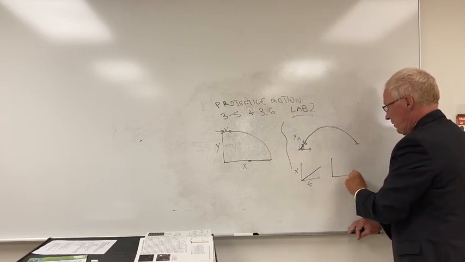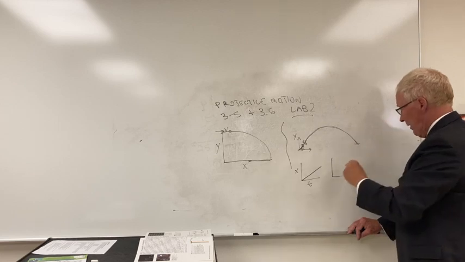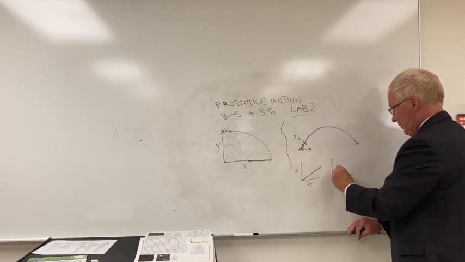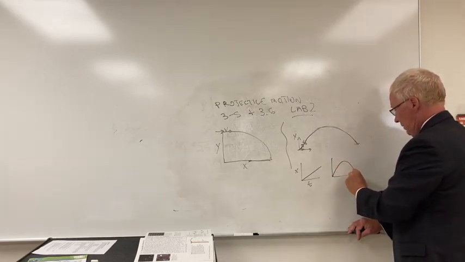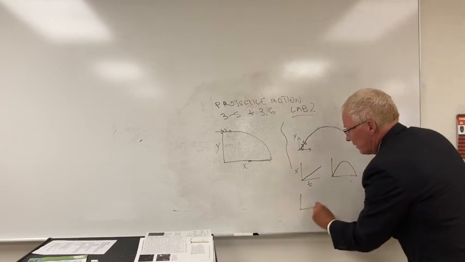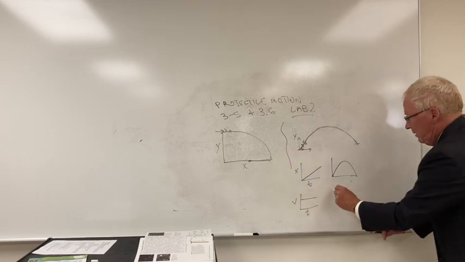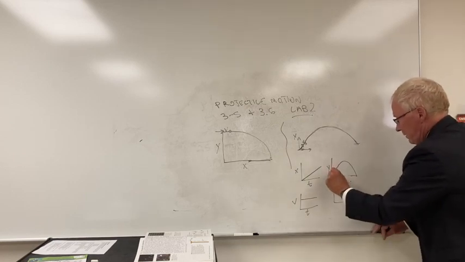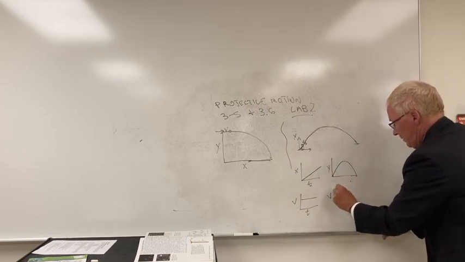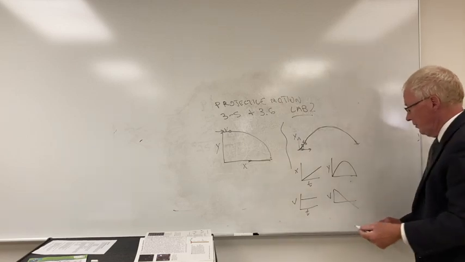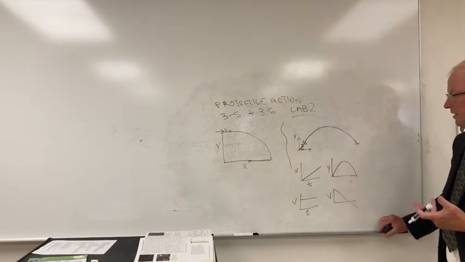In the y direction, it's going to be a parabola. In the x direction, velocity versus time is constant, and for y, velocity versus time will be more like that. You'll see these graphs when you do lab 2.